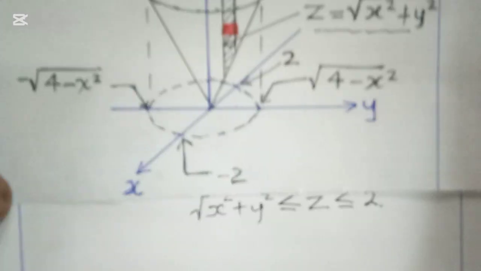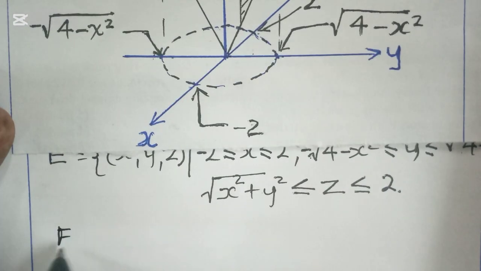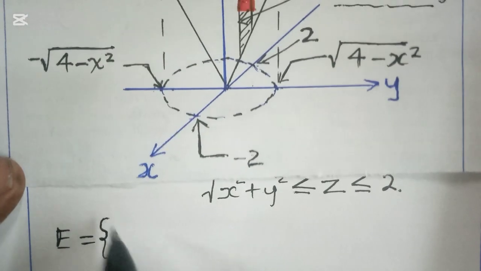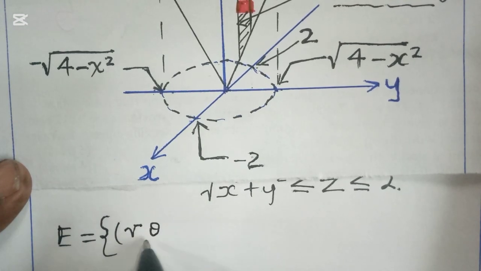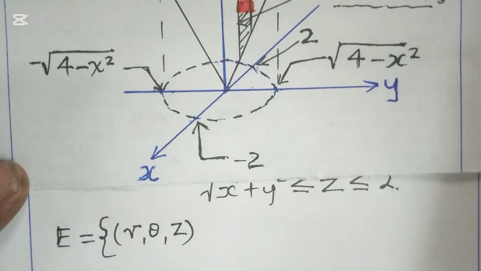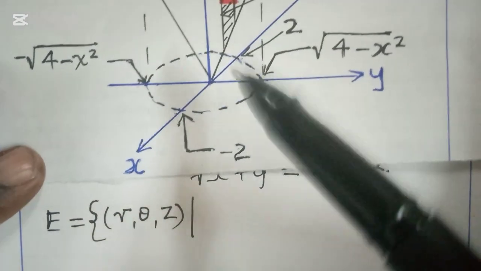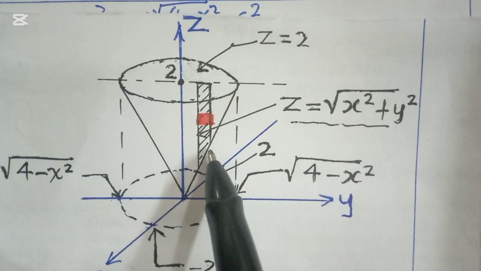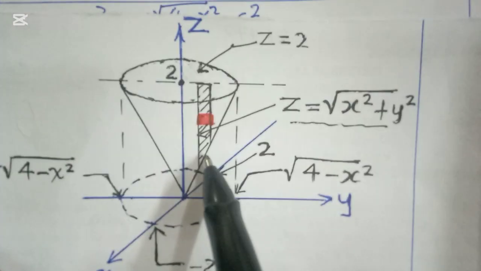In the polar form, guys, we are going to write here E. E is going to be equal to, in polar form, r, theta, and z. That is in polar form. So we write a stroke there, and guys, we now check here. We can see along the z axis, we are coming from this point along that slanted height.